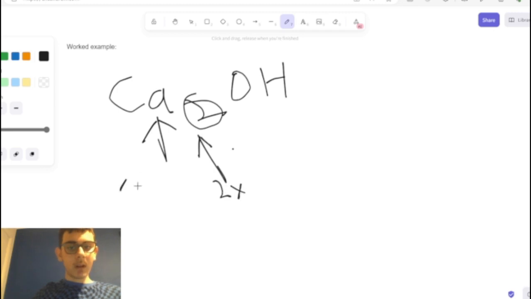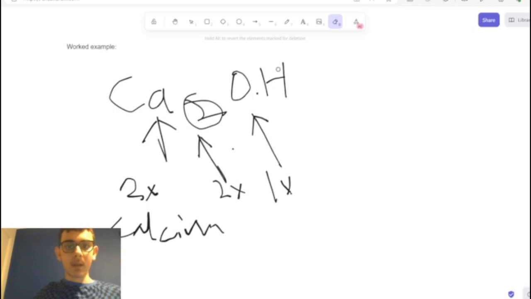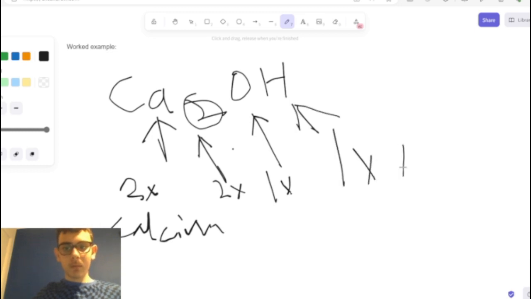So we have 2 times calcium, 1 times, because there's no little 2 here. There's an imaginary 1. Do not write the 1 though, because that will get marked wrong. So we don't write those 1s because that will get marked wrong in the exam. And 1 times hydrogen. I'm just going to write H and O, but it's actually oxygen and hydrogen.